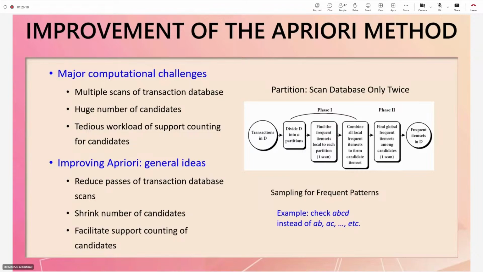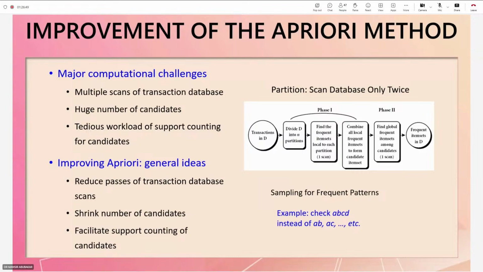Previously it has to scan for one item set, it has to scan for 2 item sets, it has to scan the database for 3 item sets. As we have said earlier, the data may have thousands of transactions, and a series of item sets, like 20 item sets, 40 item sets. So there has to be a way that this kind of multiple scanning is controlled.